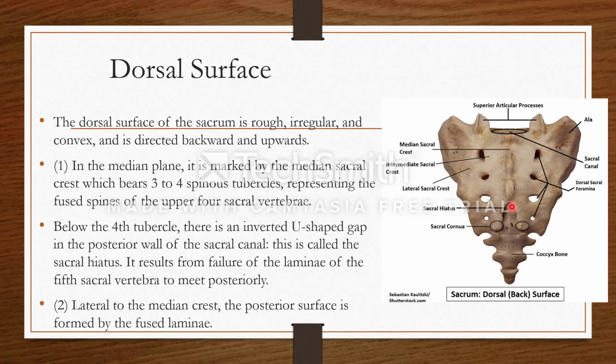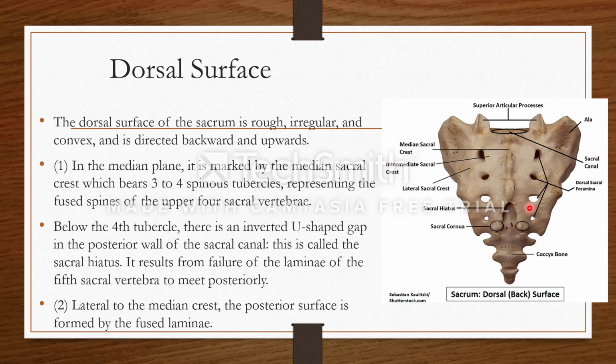Below the fourth tubercle, there is an inverted U-shaped gap in the posterior wall of the sacral canal. This gap is named as sacral hiatus. It results from the failure of the fusion of the lamina of the fifth sacral vertebra.